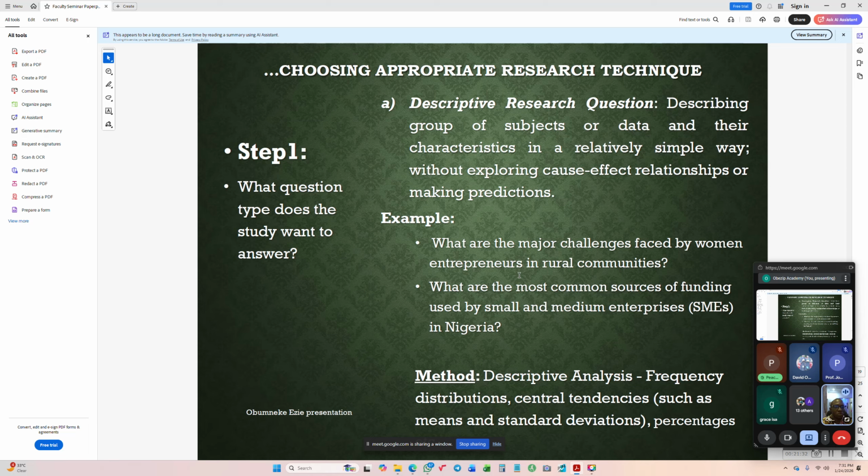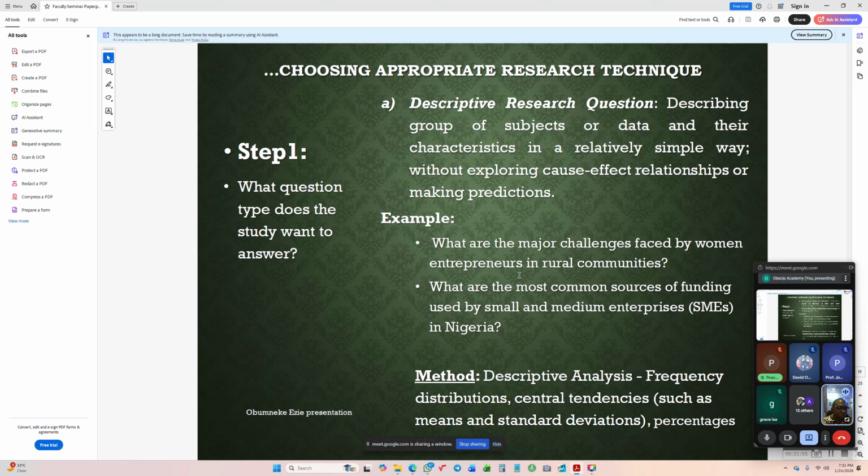Examples: what are the major challenges faced by women entrepreneurs in rural communities? What are the most common sources of funding used by small and medium scale SMEs in Nigeria? These are descriptive research questions.